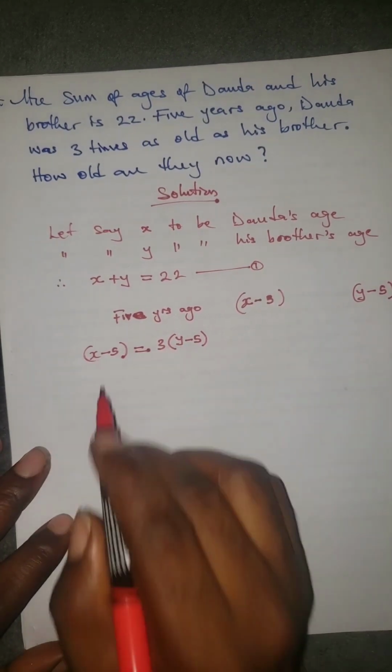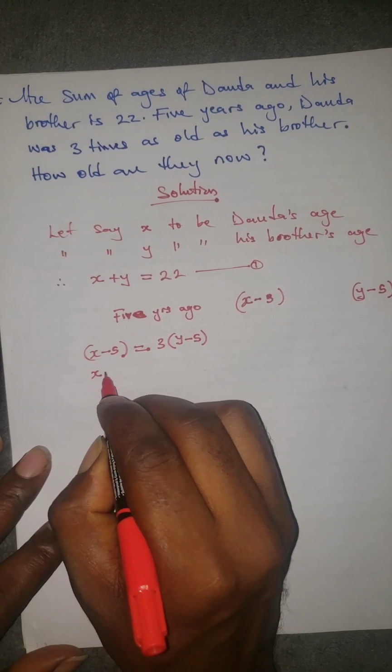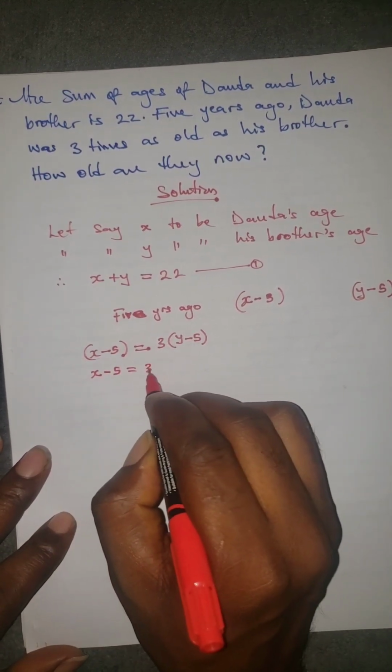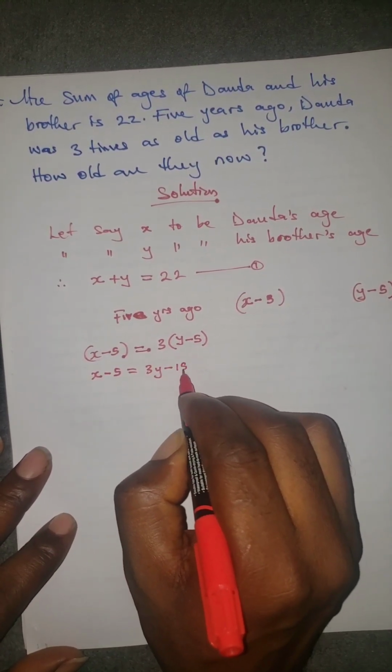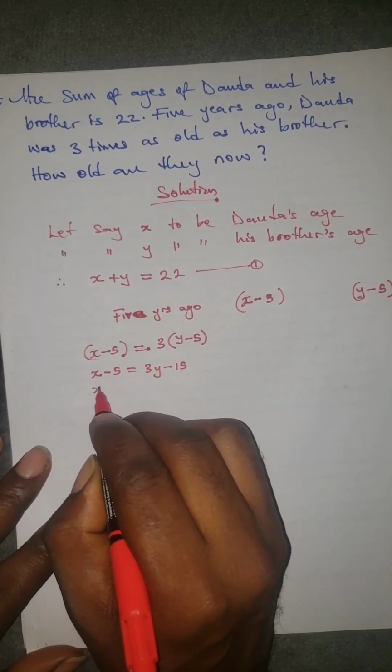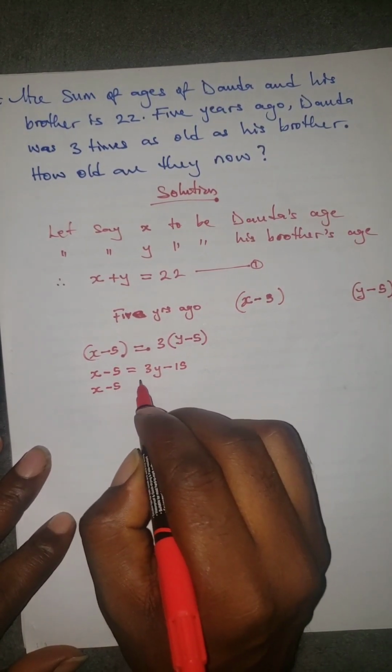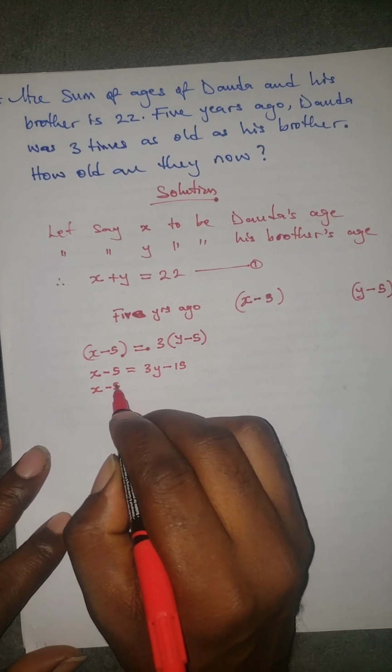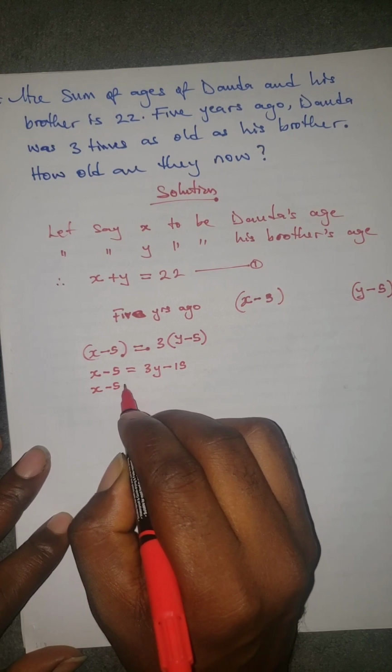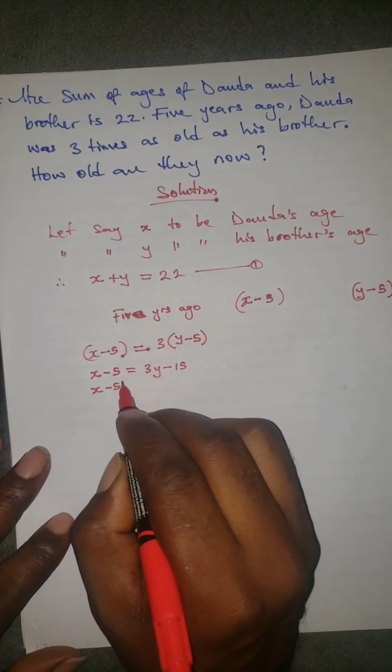So Dauda's age 5 years ago equals 3 times his brother's age. When you open this bracket, it's going to give you x minus 5 equals 3y minus 15. Let's bring our 3y inside.